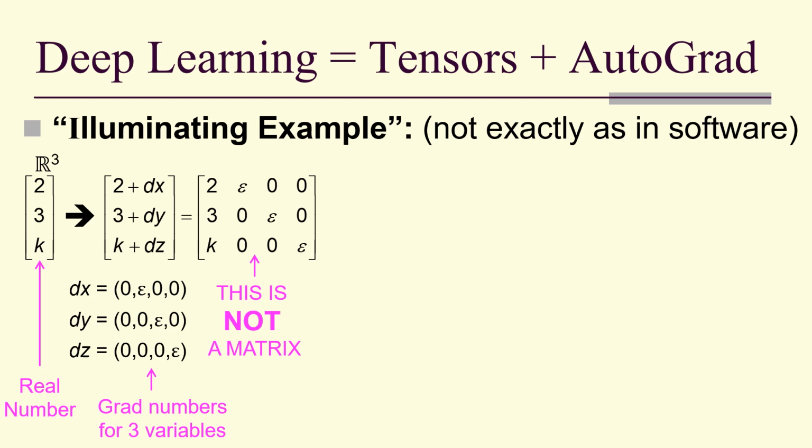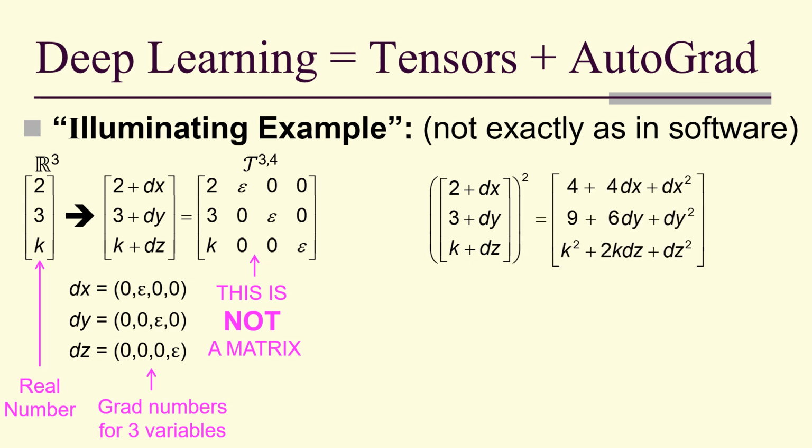This is not a matrix, because the first row is grad numbers, the second row is grad numbers, and the third row is grad numbers. So this is a tensor, a T3-4 tensor. If I wanted to square 2, 3, k pointwise, then that's the same as the pointwise squaring of 2 plus dx, 3 plus dy, and k plus dz, which looks like this.